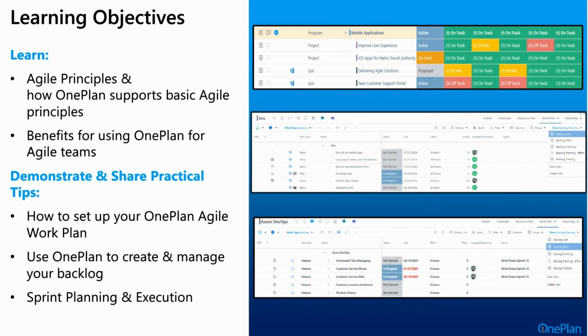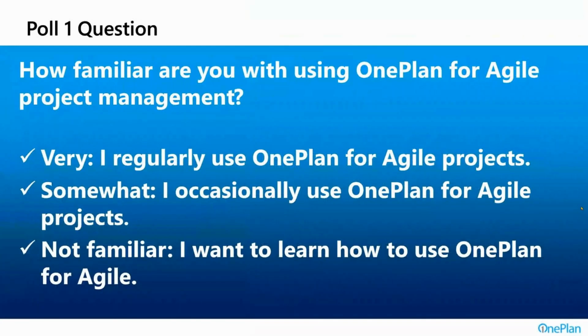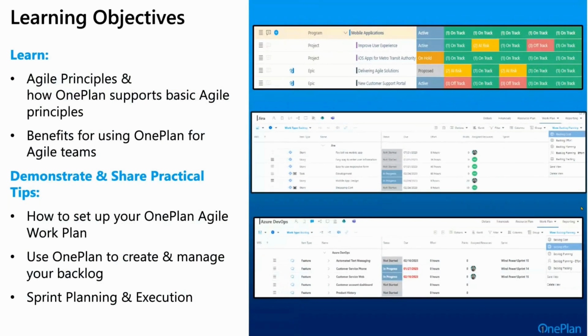I'll demonstrate some shared practices and tips on how to set up an Agile work plan, and I'll navigate you through that. Then we'll cover creating and managing a backlog, and sprint planning and execution best practices, as well as enhancing your sprint cadence with different notes and activities that you can also add to your schedule. And then we'll do a quick wrap up with any Q&As that you may have.